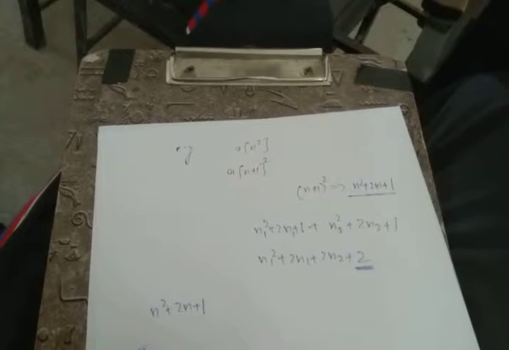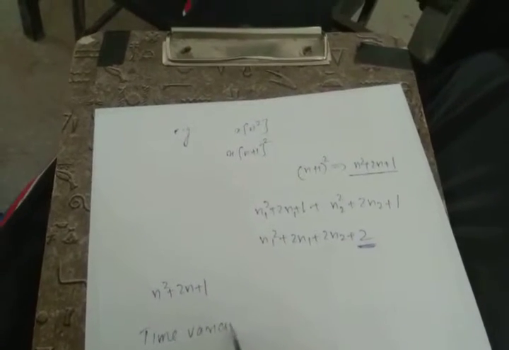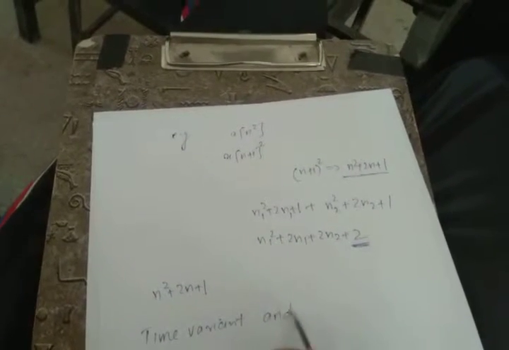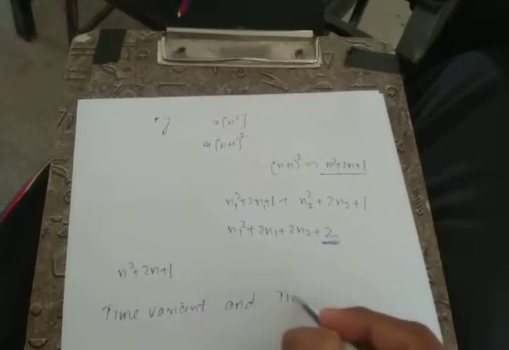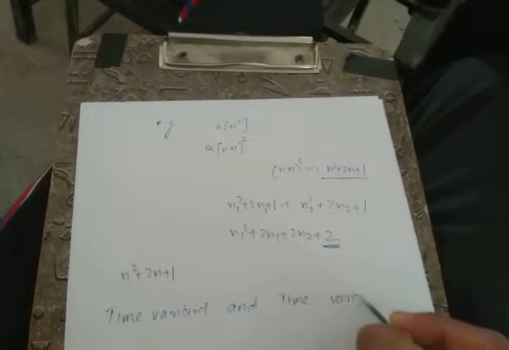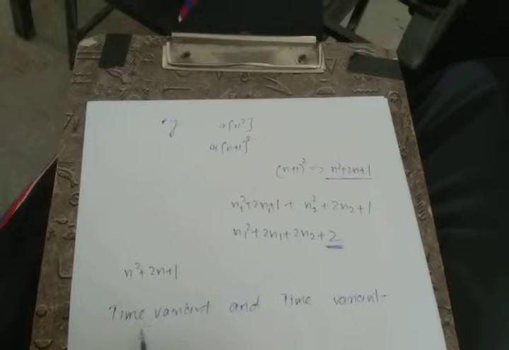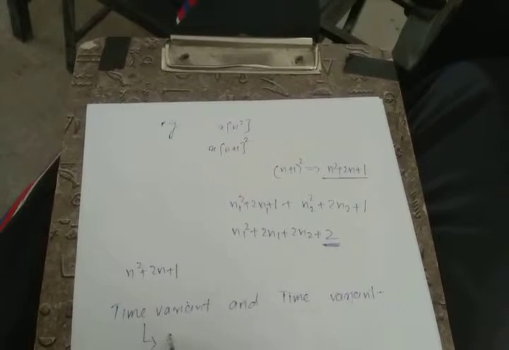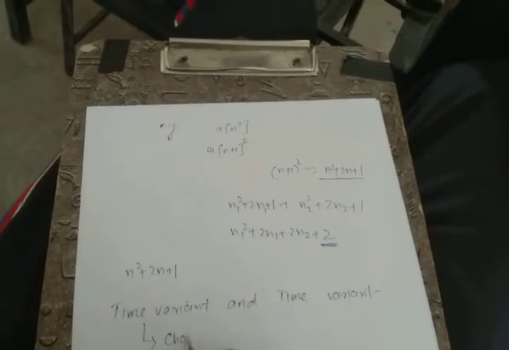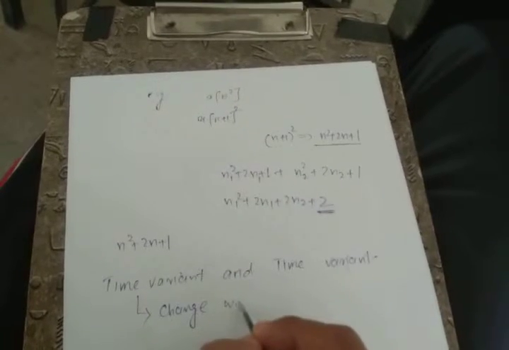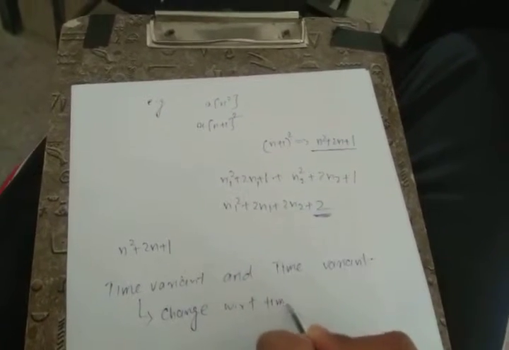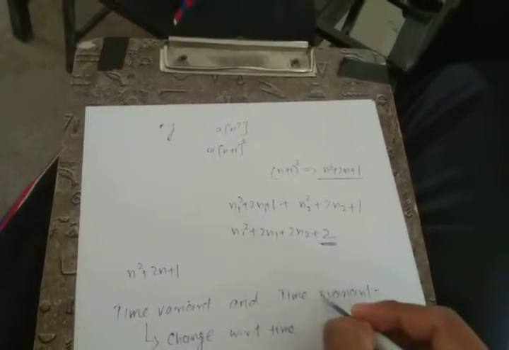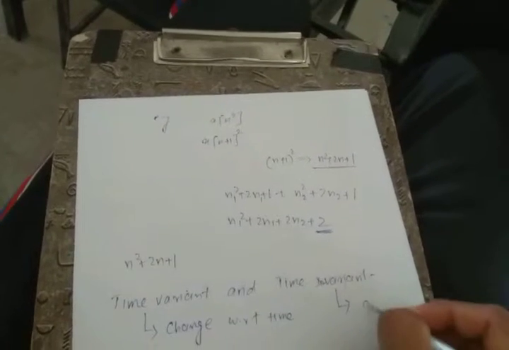Now, the next topic is time variant and time invariant systems. Time variant systems are those systems which change with respect to time, and time invariant systems are those systems which don't change.